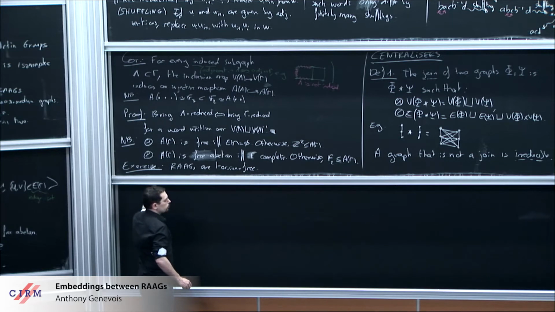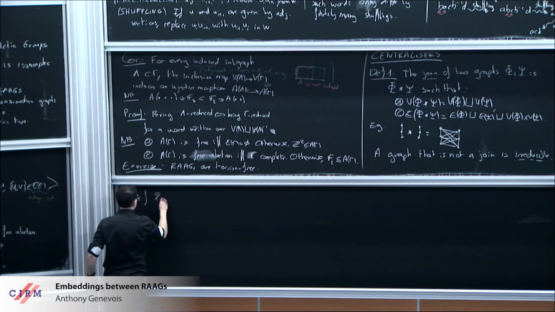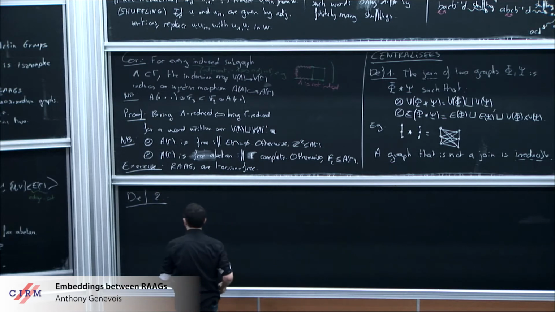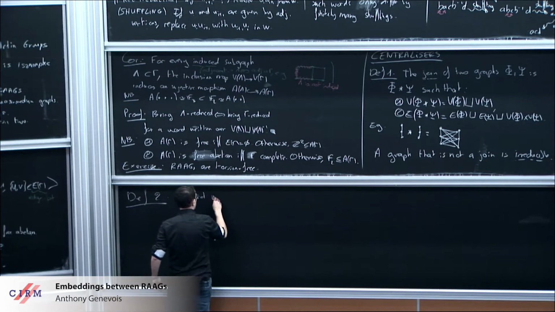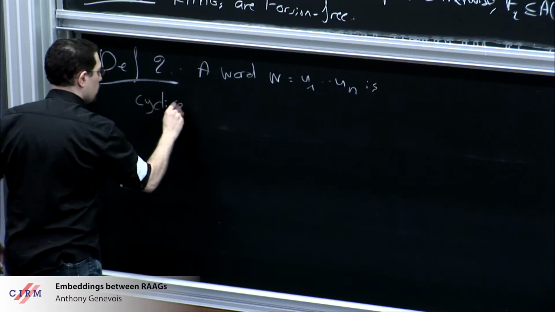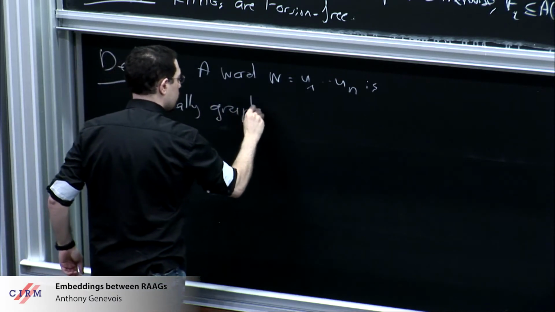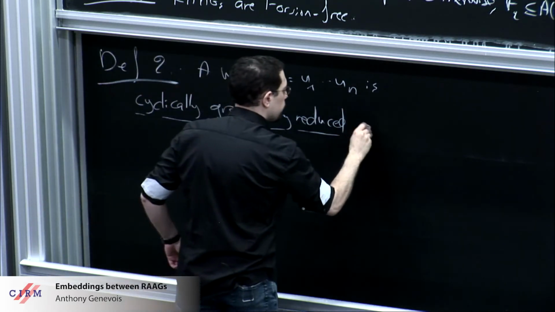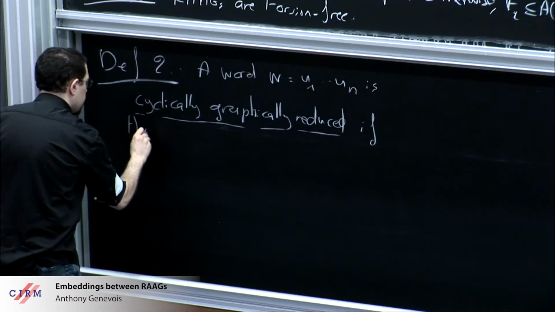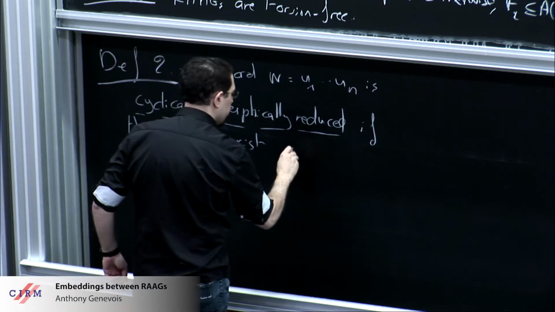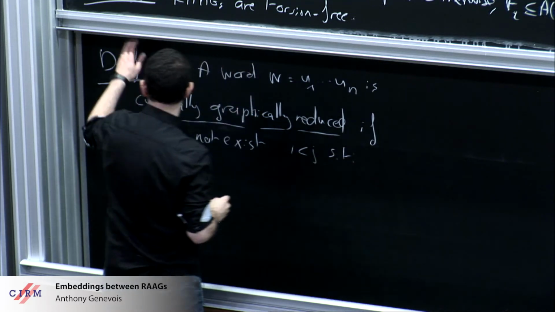And the second one is the following. A word W in the u_n is cyclically graphically reduced if there do not exist two indices i and j such that the following happens.